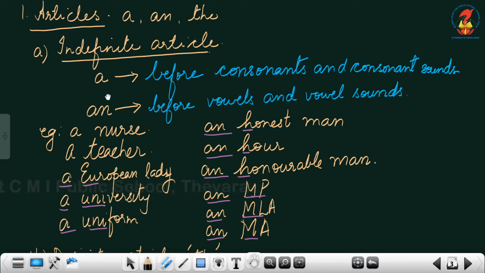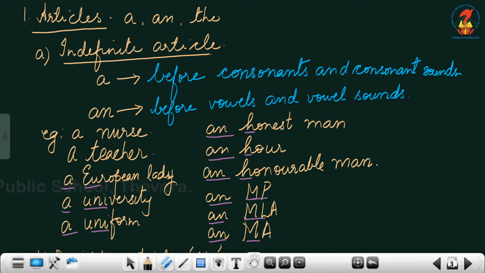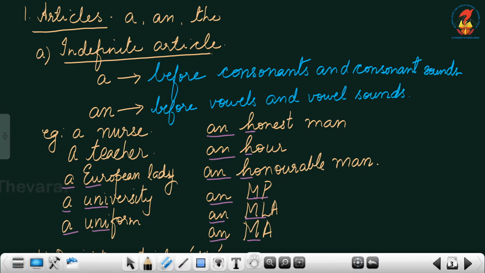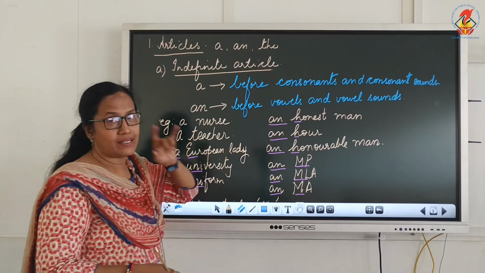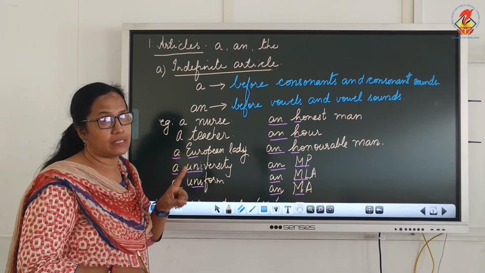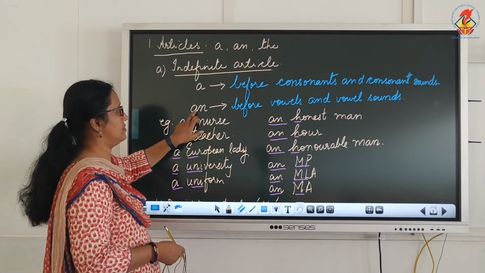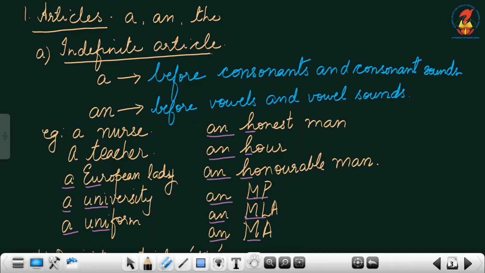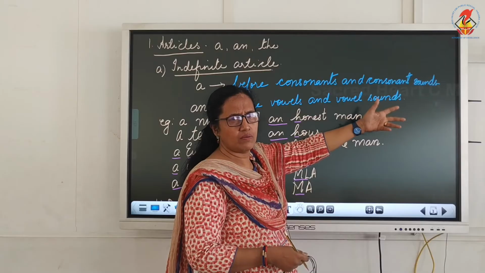Now, a, as you know, is used before consonants and consonant sounds. Remember now children, before consonants and consonant sounds. Then an, of course, is used before vowels and vowel sounds. Here you must be wondering, what are these consonant sounds and vowel sounds?